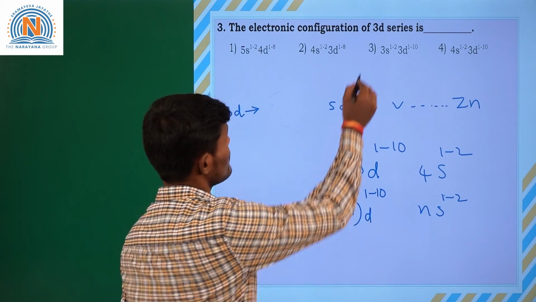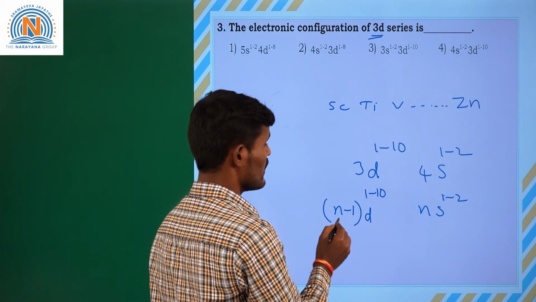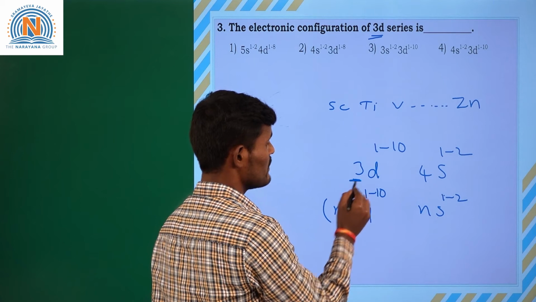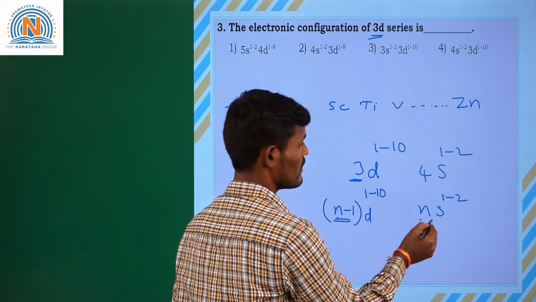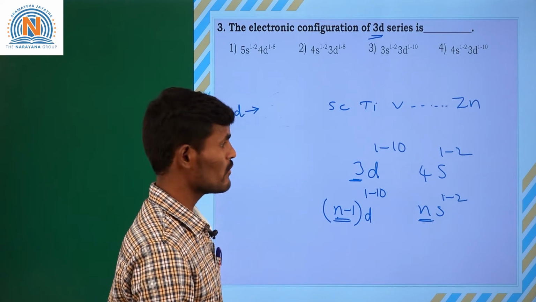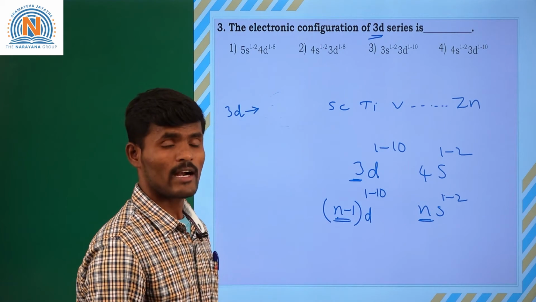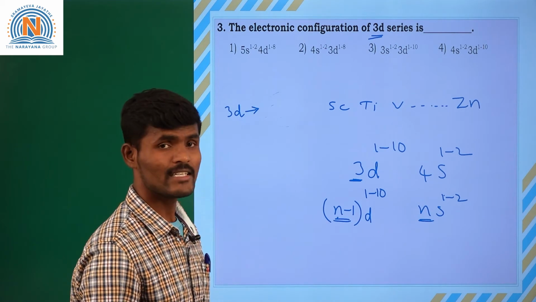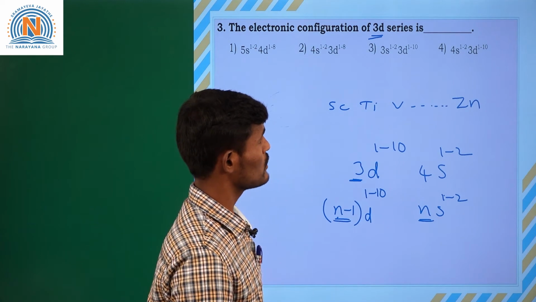Here they mentioned 3d. If n is equal to 3, it is the 3d, and the next shell is the fourth shell. So the general electronic configuration of the 3d series is 3d 1 to 10, 4s 1 to 2.